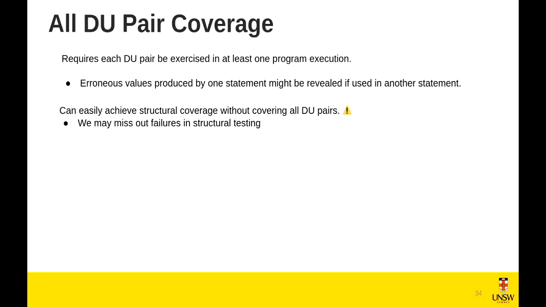So this means that we may miss out some failures if we only do structural testing, and this can help us to capture the missing vulnerabilities or missing bugs. And this coverage is defined as the number of executed DU pairs divided by the number of total DU pairs.